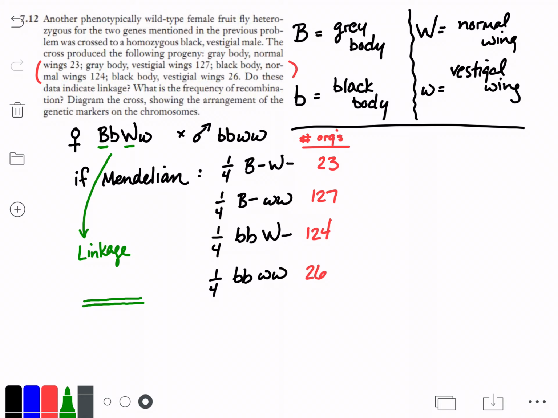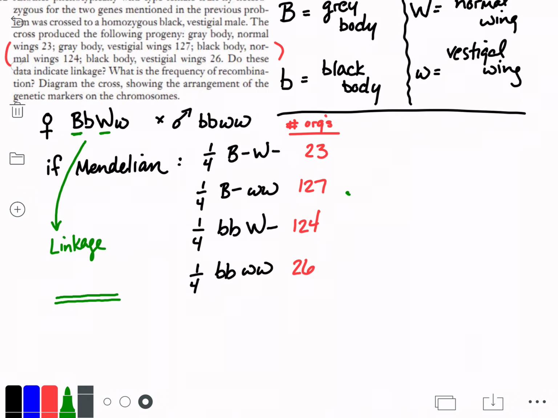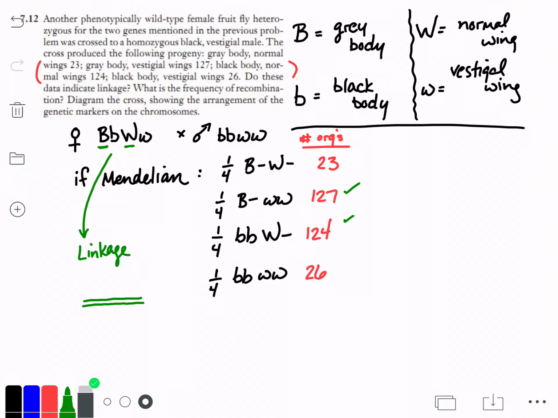And what we know by looking at the data that's given to us, the more common cases, the ones that are overrepresented compared to Mendelian genetics, essentially these two classes, those are the ones that we need to look at as our parental types. And so one of our female's chromosomes had the dominant B and the recessive w, and the other one had the reverse.